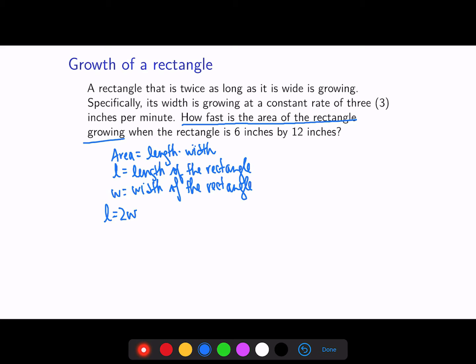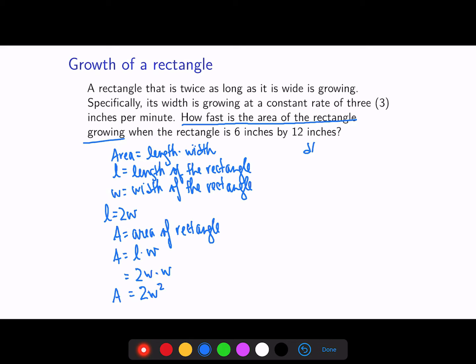So that means if we say A is the area of the rectangle, and area is length times width, length is twice the width, so our area formula is 2 times the width squared. We want to find how fast the area of the rectangle is growing.